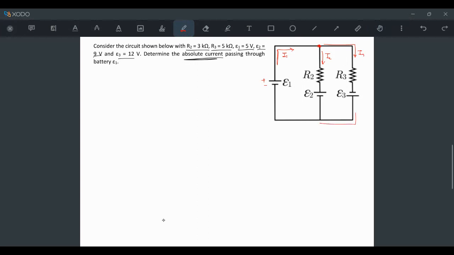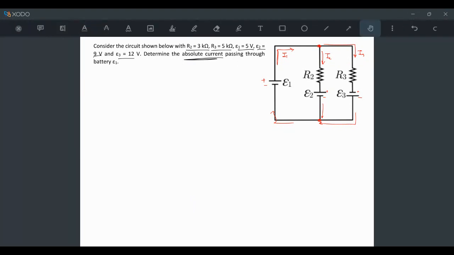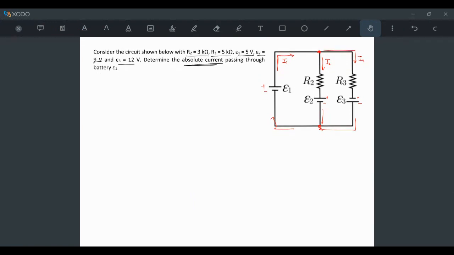And then those recombine at this bottom junction into I1, and then they return to the battery. One thing to keep track of while we're working through this is that the polarity of these two batteries is reversed. So this epsilon 2 and this epsilon 3 are in opposite directions of each other. So let's proceed basically identically like we did last time.